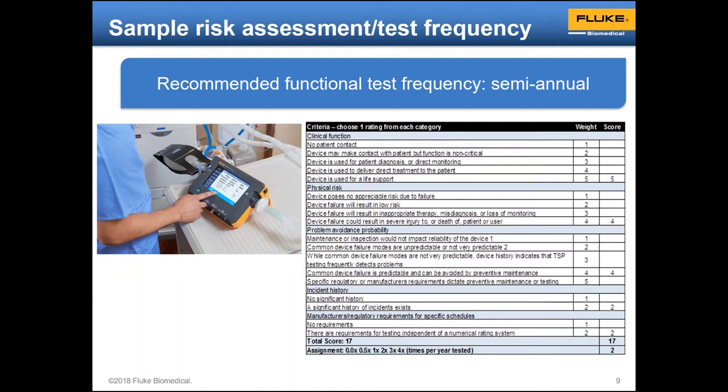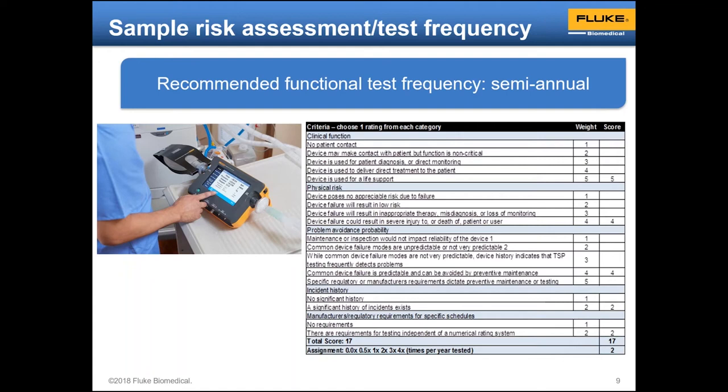They're looking at 5 criteria, there's a weight for each of the responses for each criteria, and we pick just one response for each criteria and then get a total risk score.